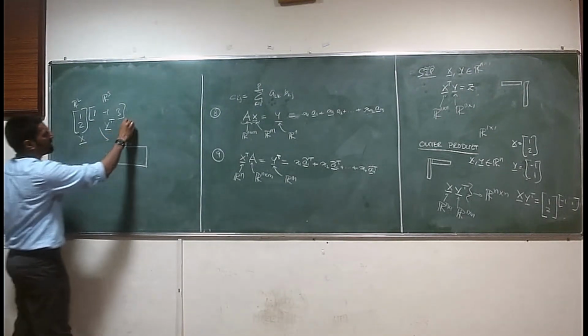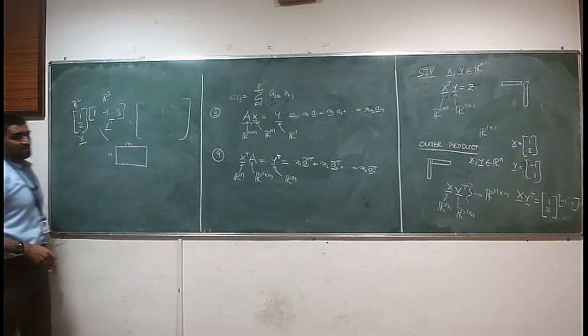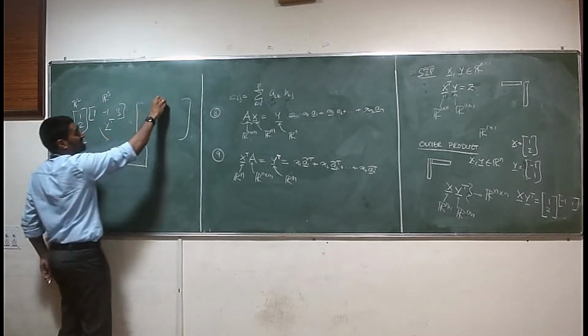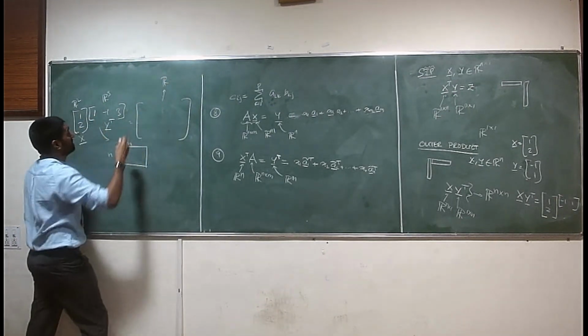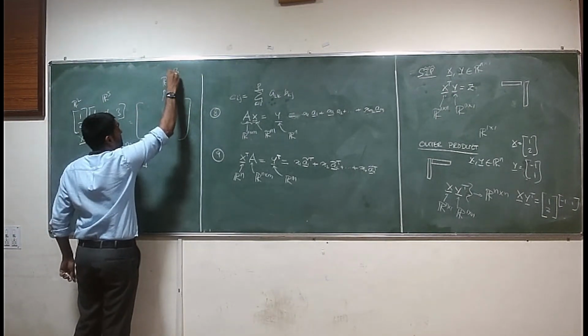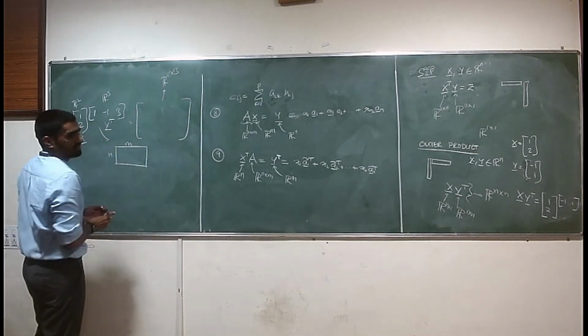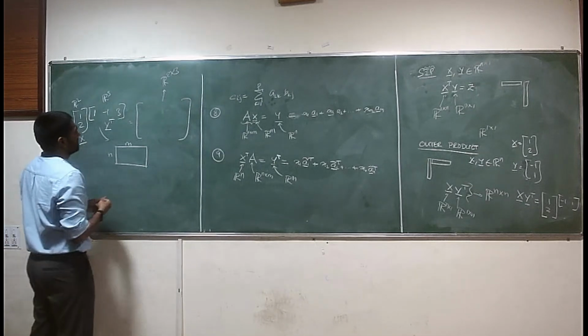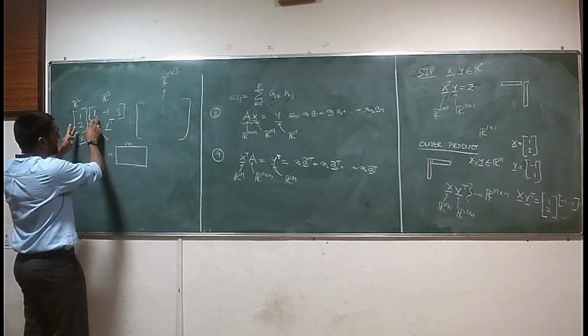How many columns will you get now? What will be the size of this? Where will this matrix be from? R^(2 cross 3). What will be the columns of this matrix now? We know that the columns will be scaled versions of this, and the scales come from here.